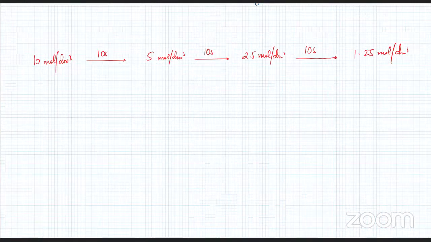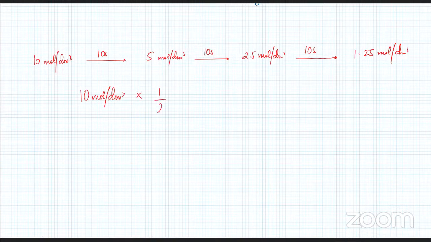Basically the formula is your starting concentration is 10 mole per dm cube, and every half-life it's becoming half. If it's the first half-life, it becomes half once. The second half-life, it's going to become 2.5, so it's going to be half to the power 2, right?